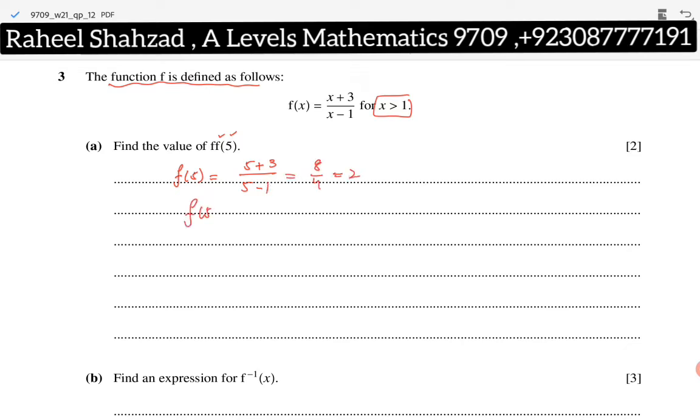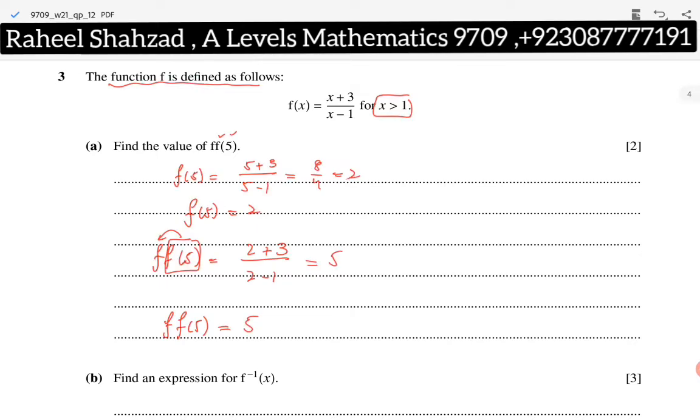So the value of f of 5 is 2, and then you substitute this back into the function. That is 2 plus 3 divided by 2 minus 1, which is 5. So f of f of 5 is coming as 5.